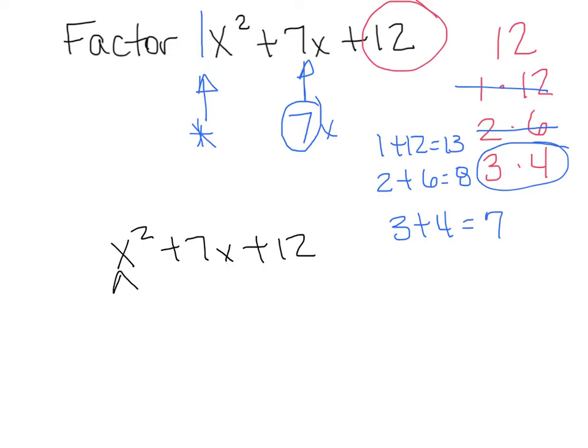So if I factored x squared, that would be x times x. I'm simply going to take each x and group them together.